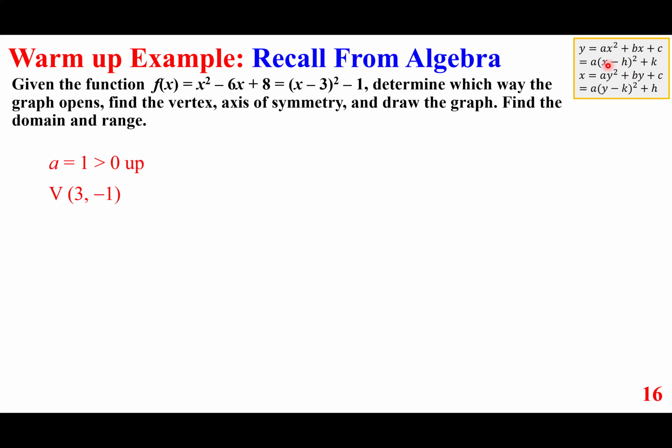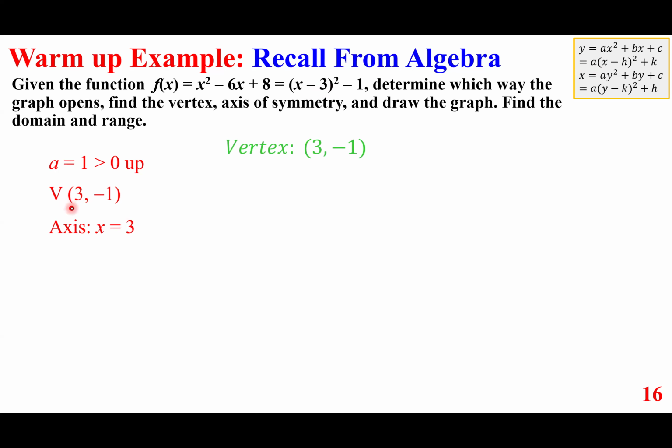The vertex, according to this, is located at 3, comma negative 1. The axis of symmetry has the equation x equals 3, because when it opens up or down, we have an axis of symmetry which is x equals the x coordinate of the vertex.